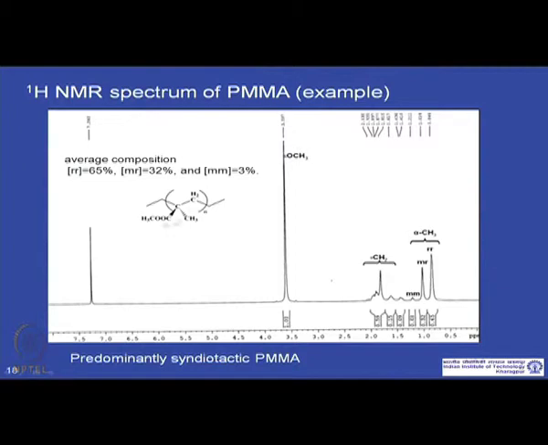This shows the peak for the O-methoxy group, and these peaks are for the alpha methyl group, and these 2 protons are given here. Now, the protons from the alpha methyl groups will have different chemical shifts depending upon the spatial arrangement of the next carbon.